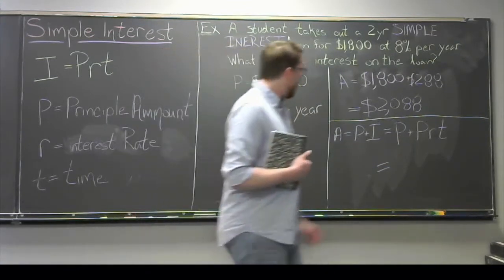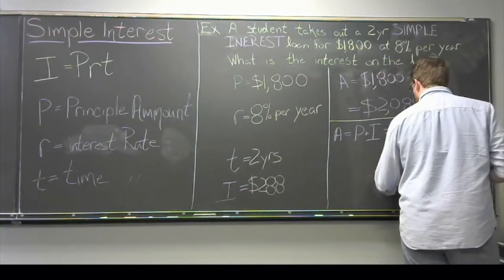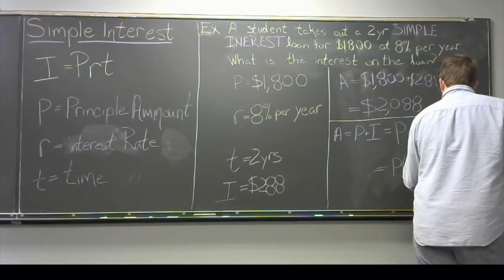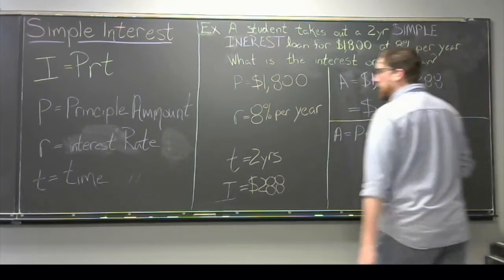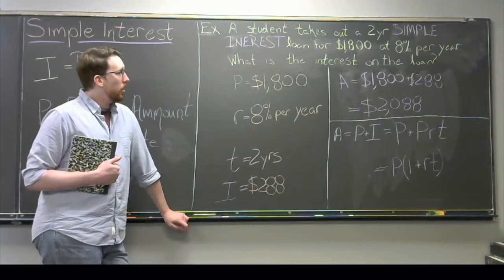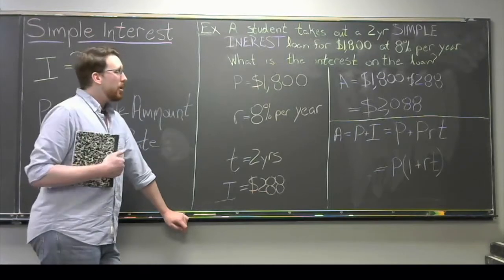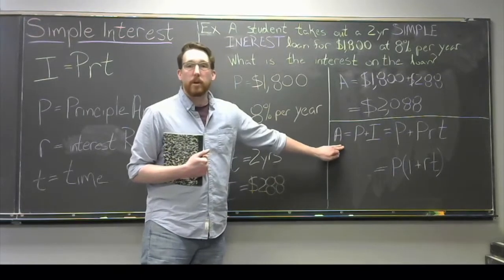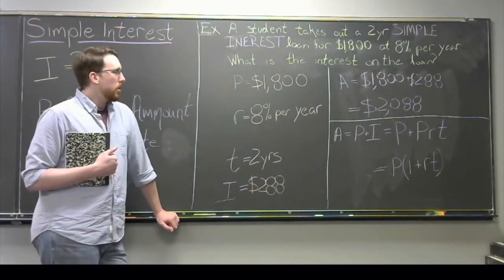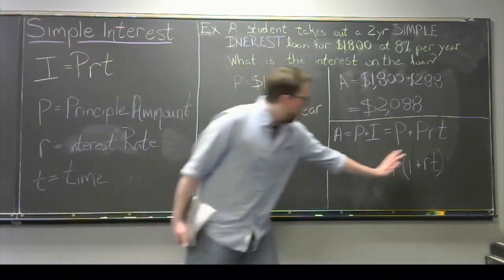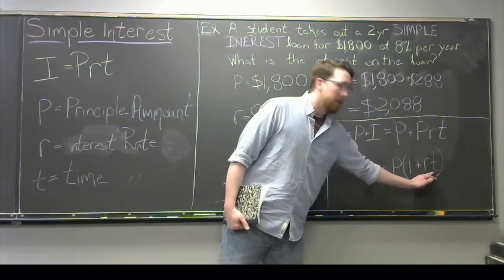When we factor them out, we find that the amount owed is 1 plus RT times P. So what we've just found is a little bit simpler way of calculating the amount owed at the end of the loan period. And that more simple way is just P times the quantity, so everything inside the parentheses, 1 plus RT.